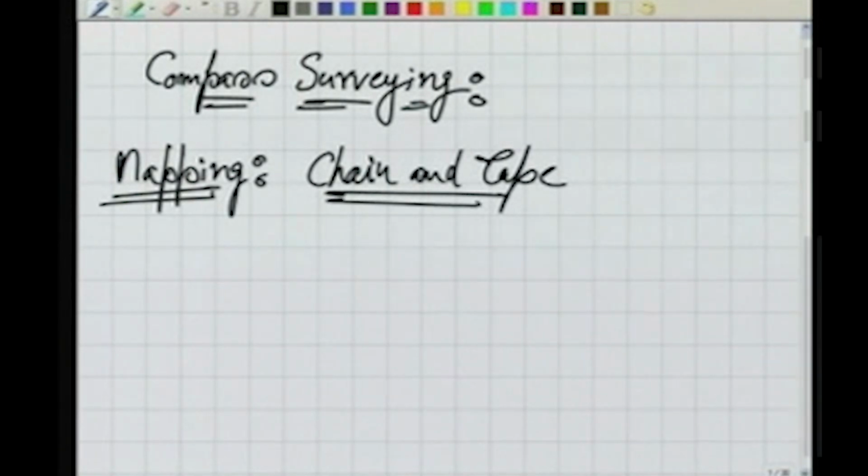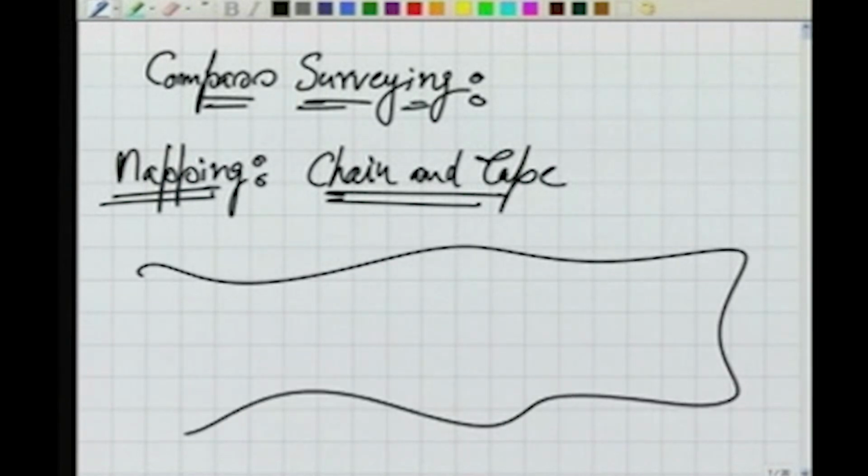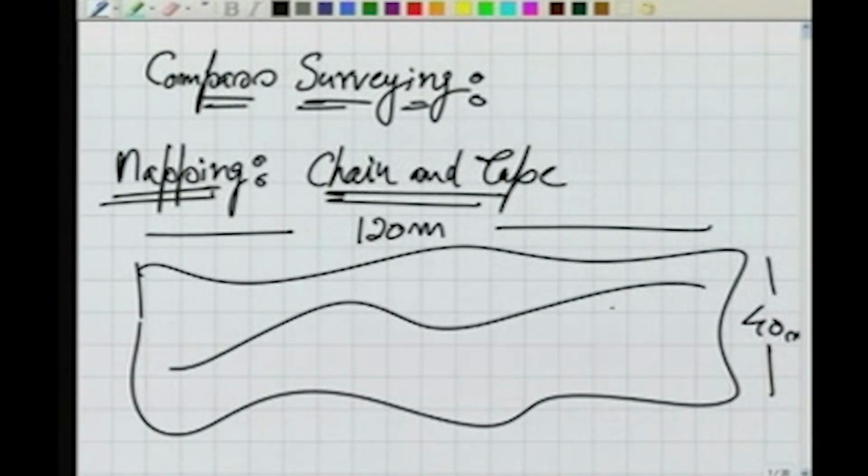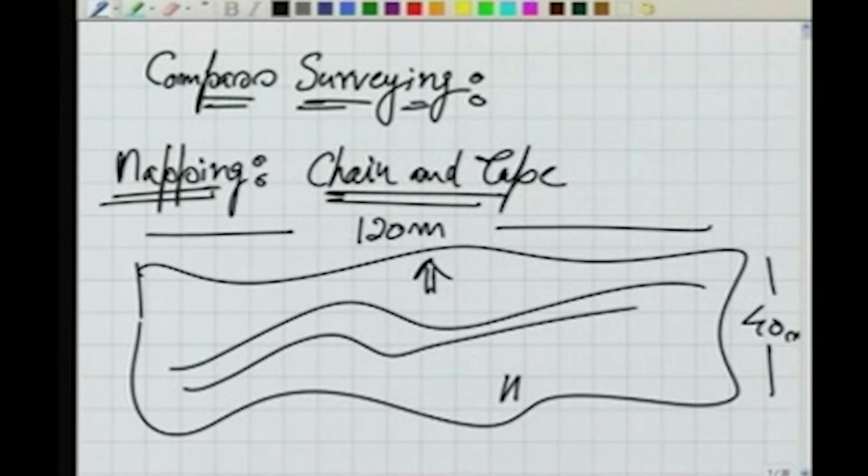If you remember, what we did in that case, we had a linear kind of stretch, and we saw that it was around maybe 120 meter long and some 40 meter wide. Then there were various things here, maybe a road, some houses or some trees.